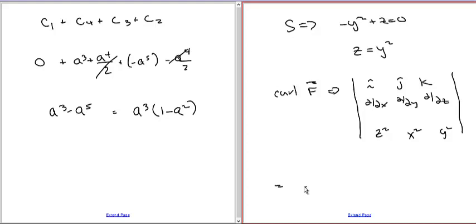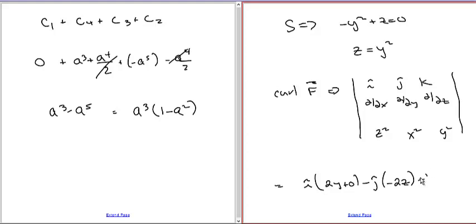So our i component is going to be the partial of y squared with respect to y, that's going to be 2y. Partial of x squared with respect to z, that's 0. Then we subtract j. Partial of y squared with respect to x, that's 0. Partial of z squared with respect to z, that's 2z. And it's minus, so this is minus 2z.